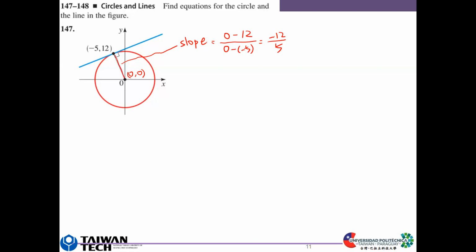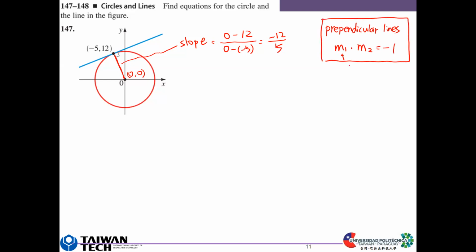And if two lines are perpendicular, the multiplication of their slopes is -1. So for perpendicular lines, m1 multiplied by m2 equals -1.